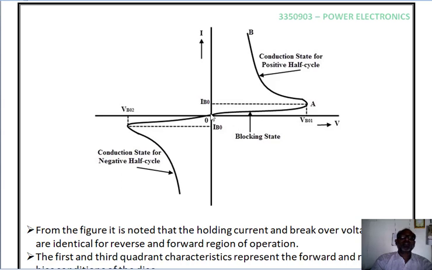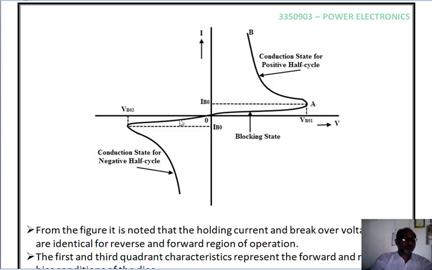When the applied voltage is less than its breakover voltage, the diode offers very high resistance. When a positive voltage less than the breakover voltage is applied, a very small amount of current passes through the diode, called the leakage current.